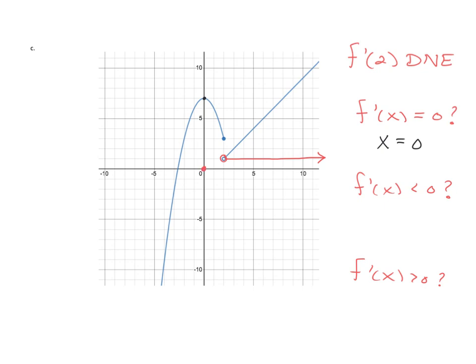So I can actually plot the point 0. The derivative is negative where the graph is decreasing. So that's from 0 to 2. And the derivative is positive here, from 0 to -infinity.